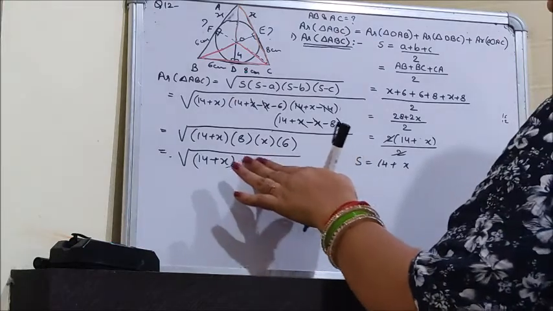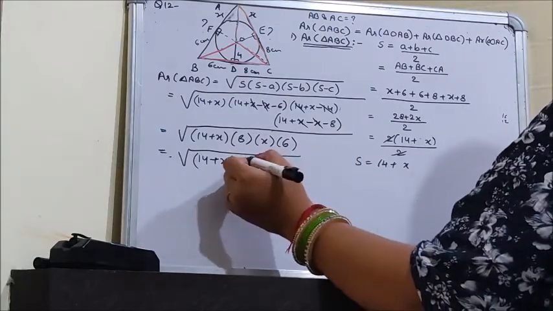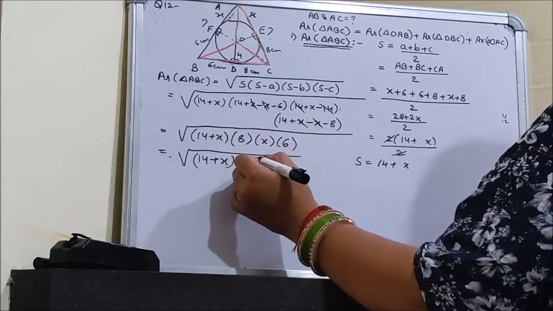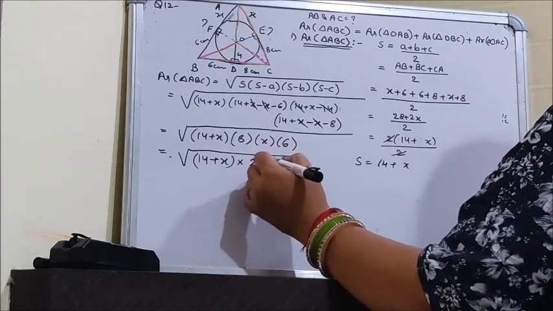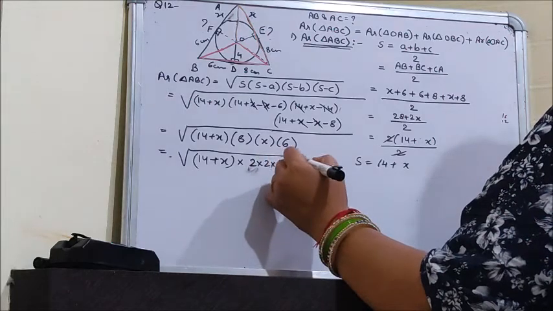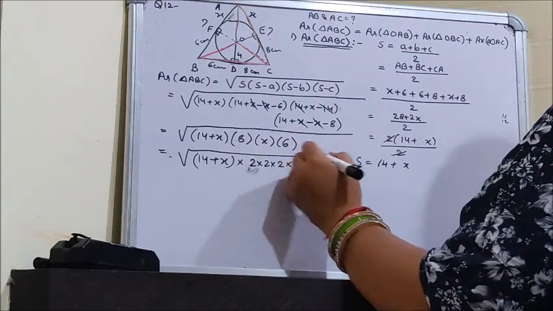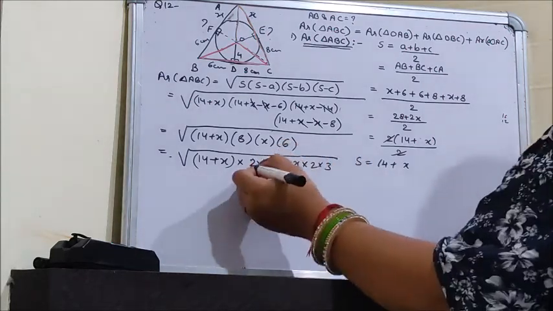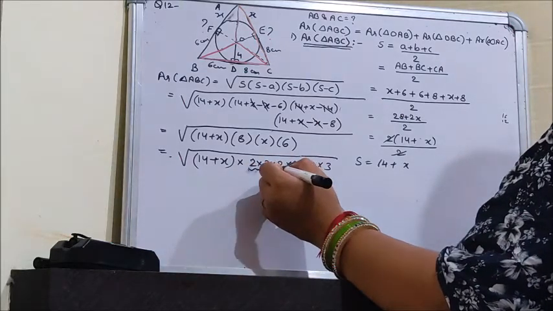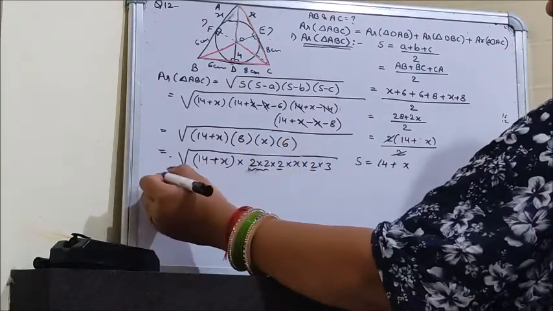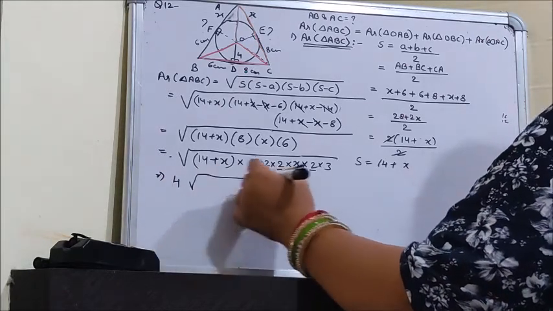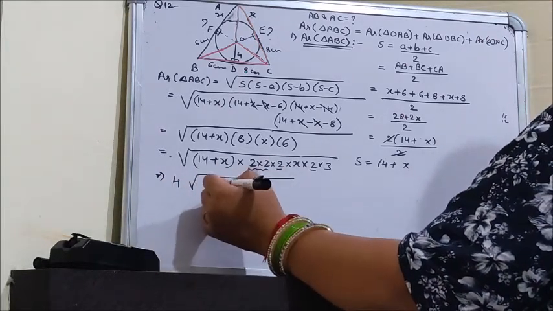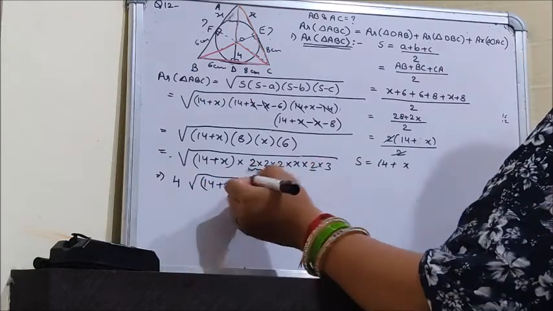What we can do, we can simplify this by writing 48 as 2 into 2 into 2 into 2 into 3, into x. So whatever are in pairs will come out. So this 2 and this 2 will come out. It will be 4 under root of (14 plus x) and 3x.